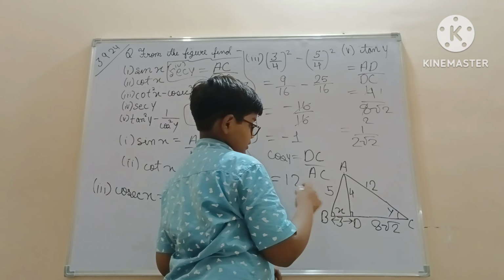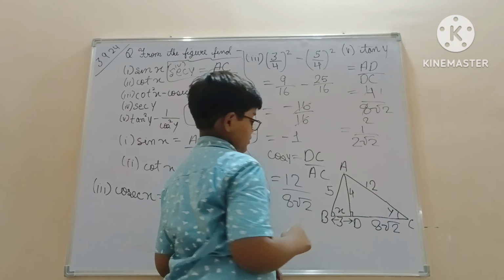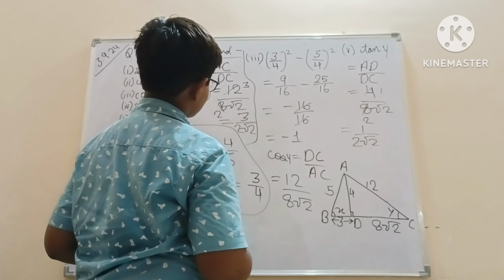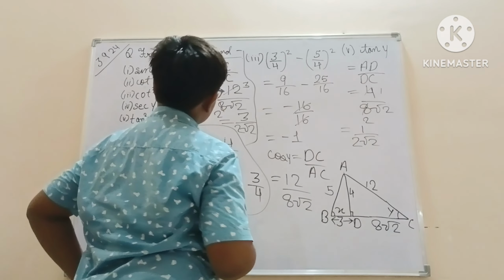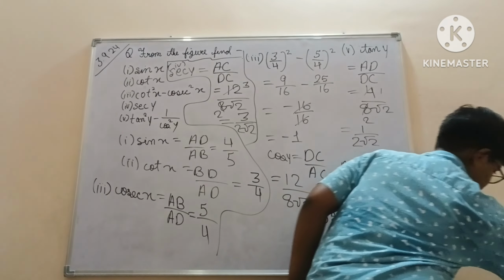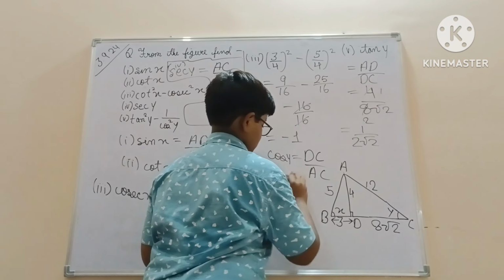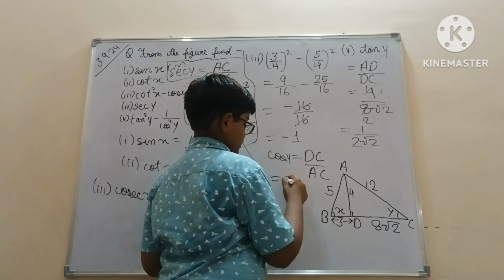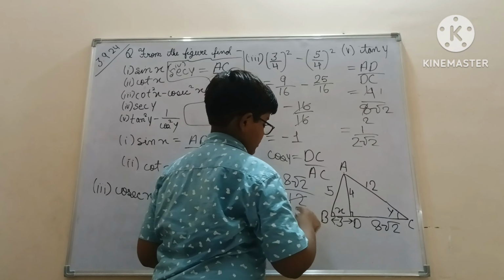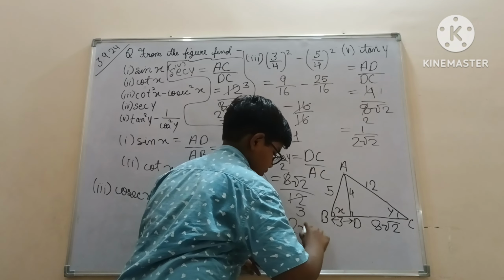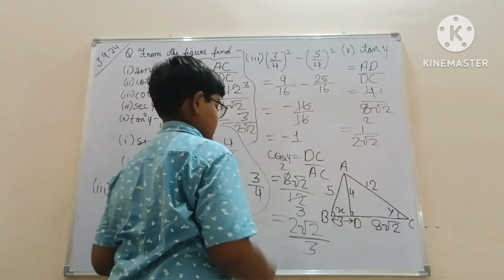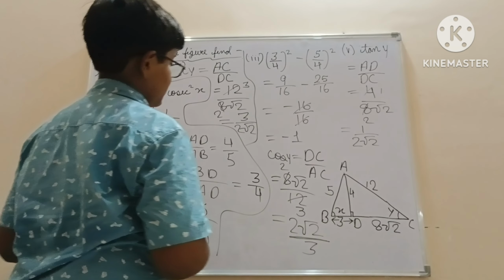So it will become 8 root 2 divided by 12. We will write the base up here and the hypotenuse 12 here. 4 3s are 12 and 4 2s are 8. This fraction will give us 2 root 2 divided by 3. Now we have found the value of cos y.